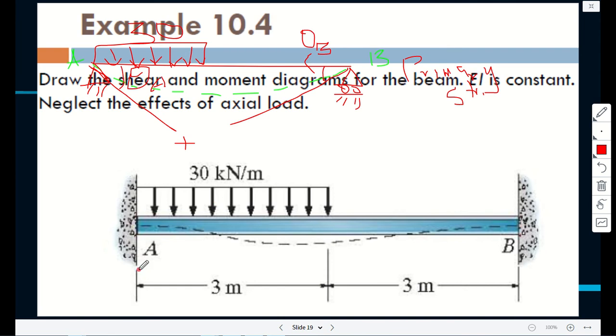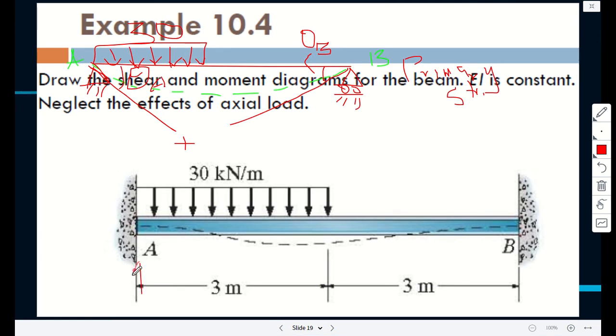Indeterminate structure. If you check, this structure has a VA here. There's a reaction, there's a potential reaction there, and there is a moment. And also here, there is a reaction there. There's supposed to be a moment there.